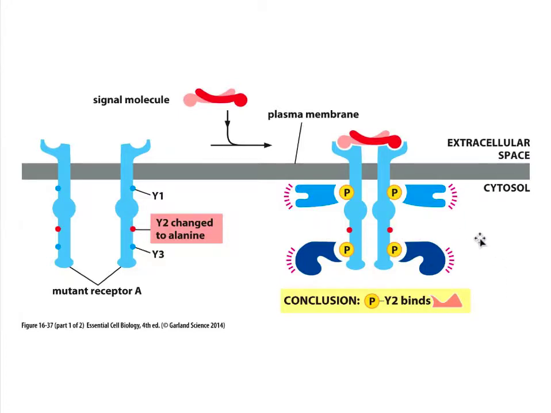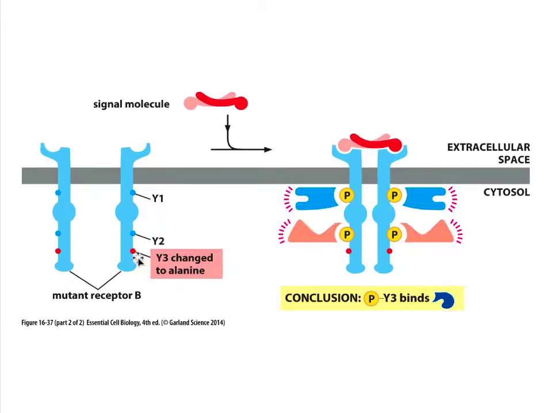And then you could see what effect the pink proteins would have on signal transduction. Likewise, mutating the third site, Y3, would allow the cell to bind the blue and the pink proteins, but not the dark blue proteins. And then you can deduce the function of that interference.